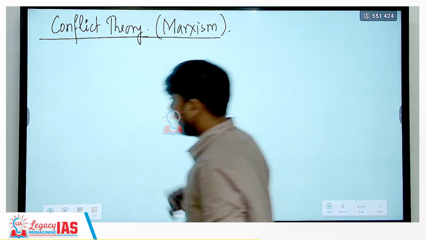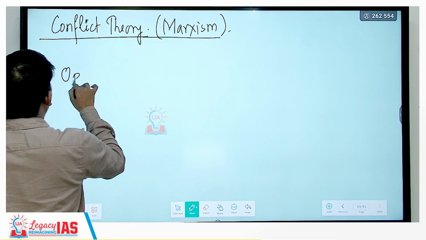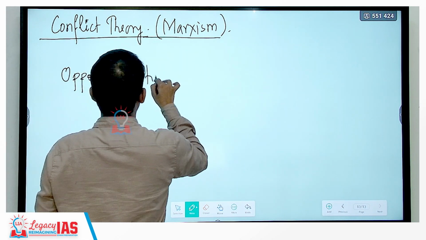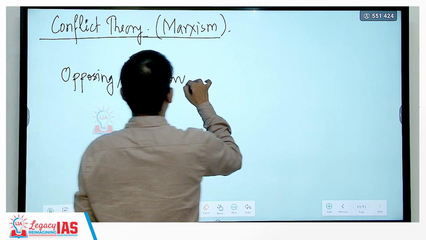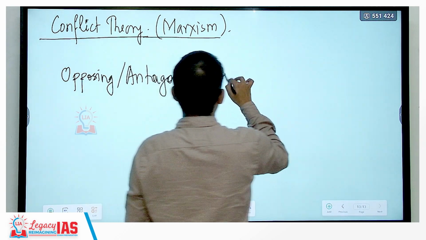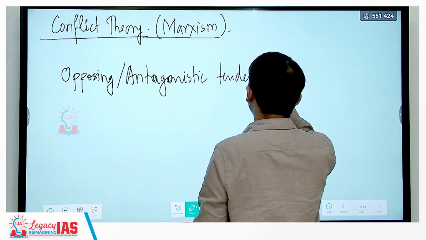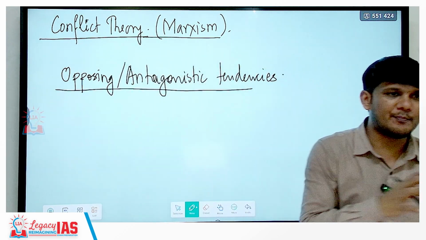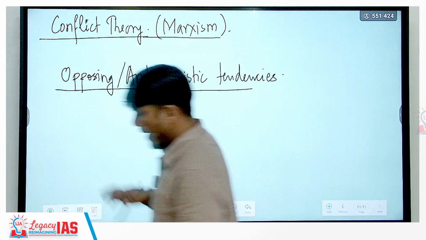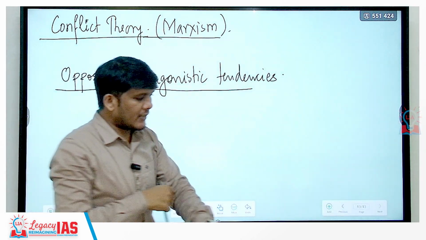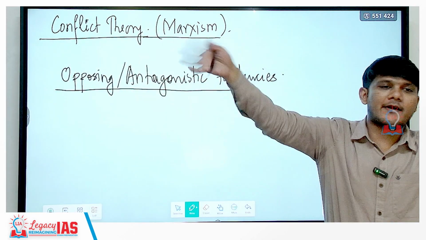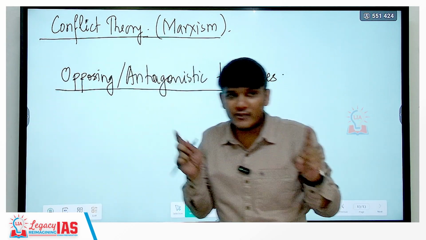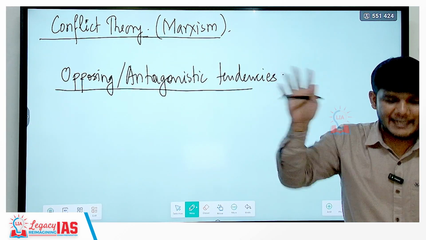Marxism says that there would be opposing or antagonistic tendencies between the people. And not just that, these antagonistic tendencies will not be 10, 15, 20, 100 different tendencies. No, he said there will be majorly two opposing values.